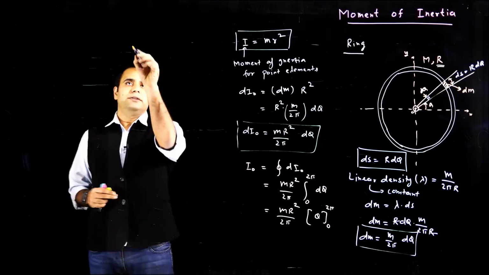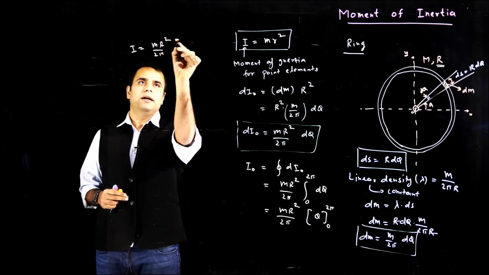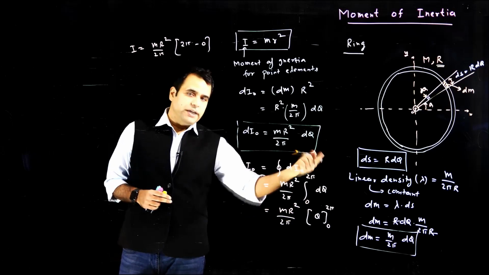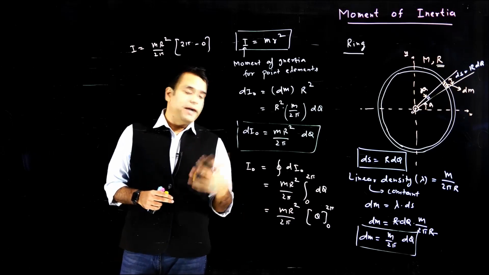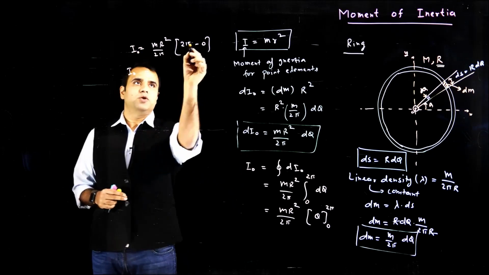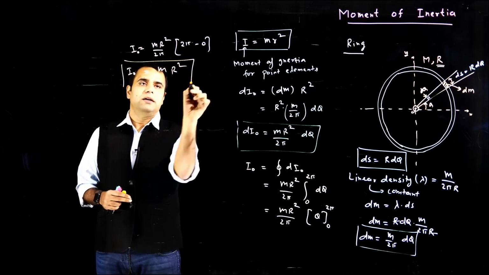Let's put the values. So I will be equal to m R square upon 2 pi times 2 pi minus 0. First we put the value of theta by the upper limit, then minus we replace theta by the lower limit. So this whole value will become 2 pi, and 2 pi will cancel out. It will become m R square.